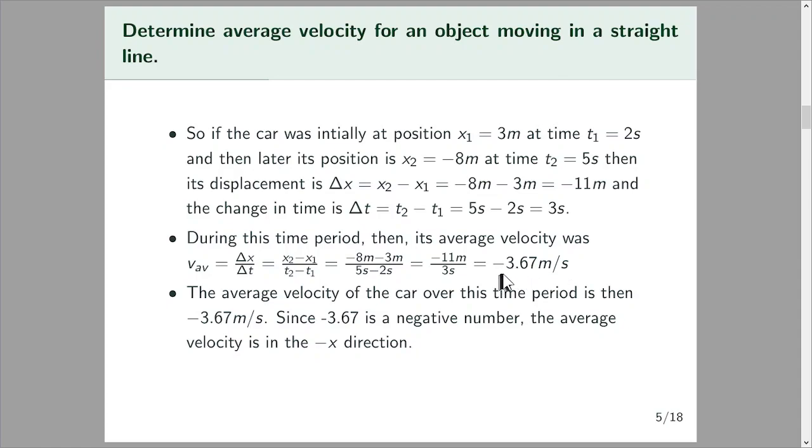Notice this velocity is negative because the car is traveling in the negative direction, the same way the displacement is negative because the car moved in the negative direction. Since minus 3.67 is a negative number, the average velocity is in the negative x direction.